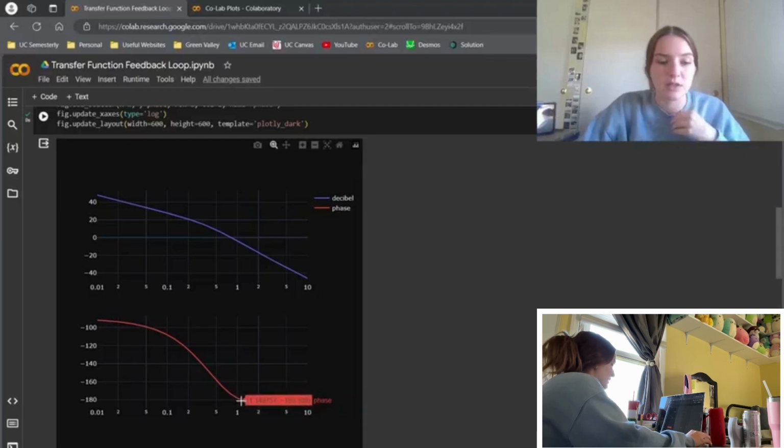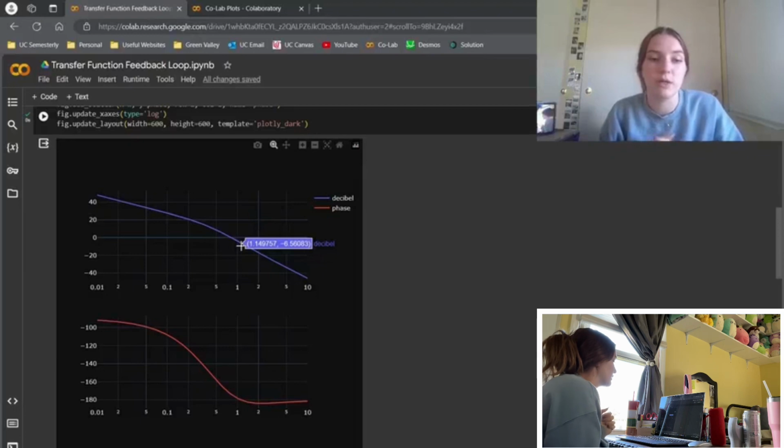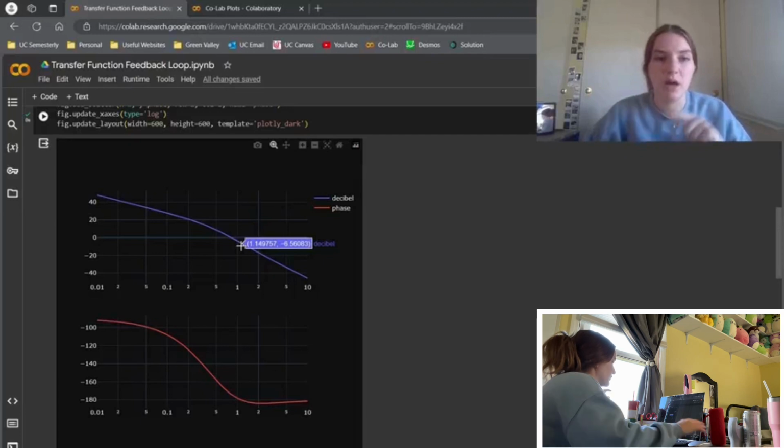And it seems like that's at about 1.15 radians per second. So now we are going to go up to our decibel graph, and we are going to find the same value of our omega. So we can find that at 1.15 radians per second, which is our omega, our decibel graph is about at negative 6.5 decibels.